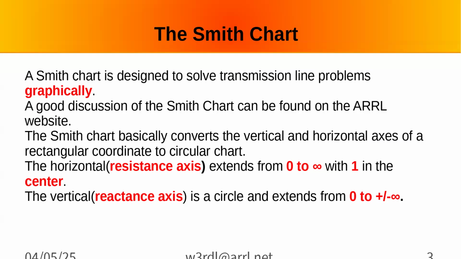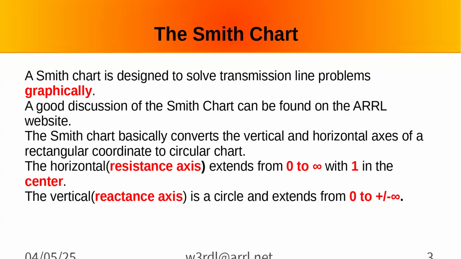So we can normalize whatever impedance we want to work with by dividing everything by that impedance. So if I'm going to work with 50 ohms, I divide everything by 50. So 50 ohms itself comes out as 1 on the real axis.